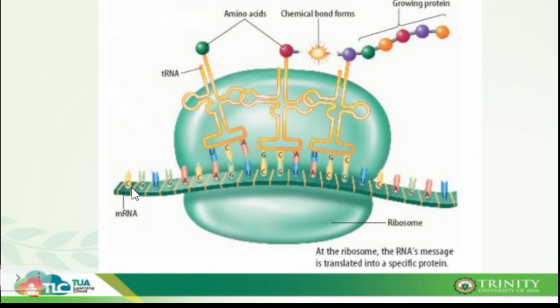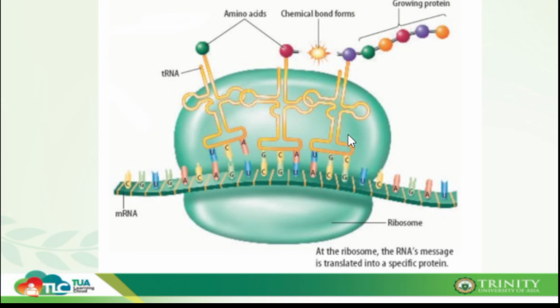Once the mRNA escapes the nuclear pore and goes to the cytoplasm, it will look for your ribosomal RNA. So the ribosomal RNA will start to read the mRNA in bases of 3 called codons. So once it was able to read yung codon, so sabi niya nabasa niya AGU.